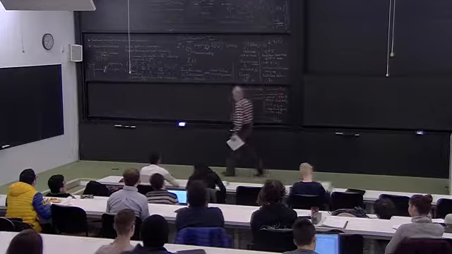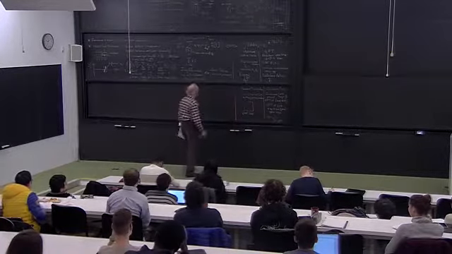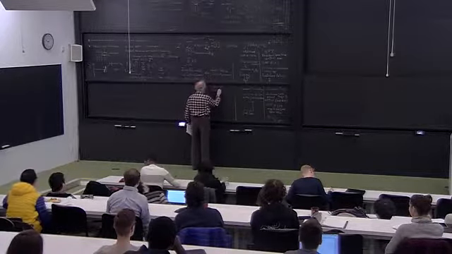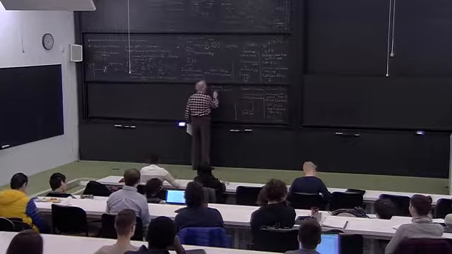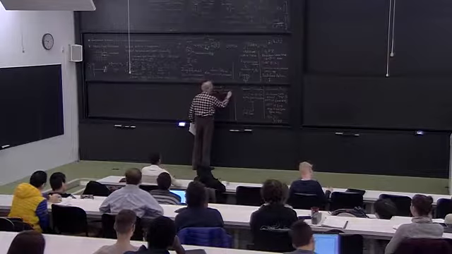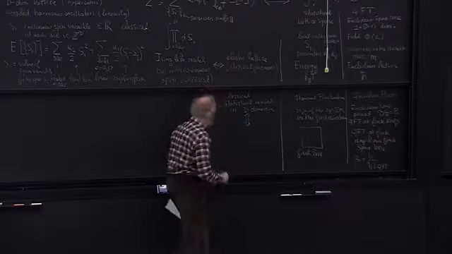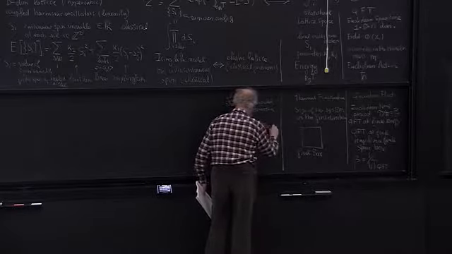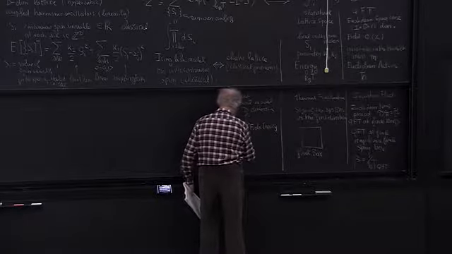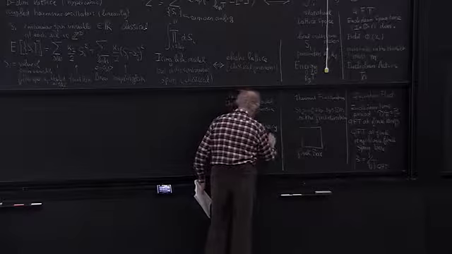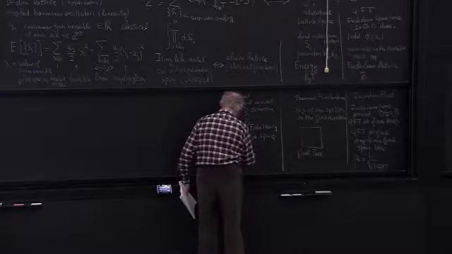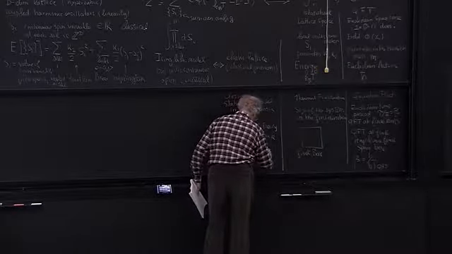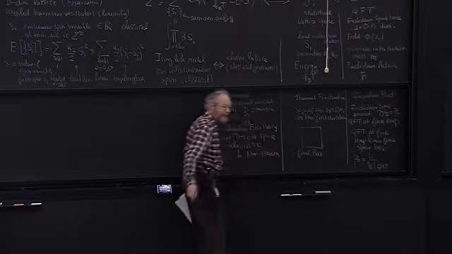But you have to keep in mind this very important dictionary: a classical statistical model in d dimensions, in some sense, is in correspondence with a quantum field theory in d-1 dimensional space, and relativistic, so that it has one time direction. You see?